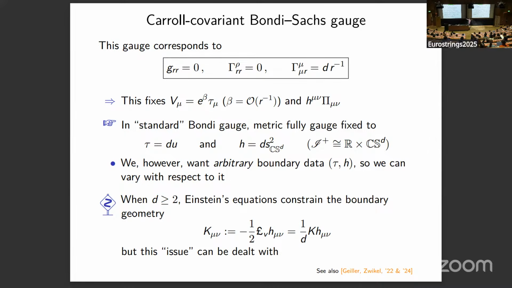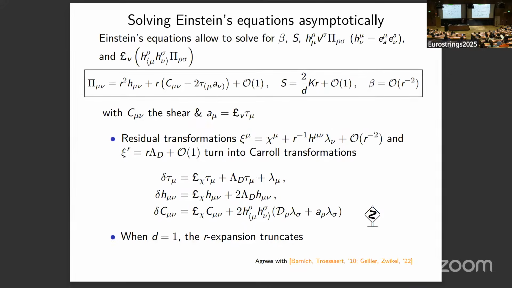It turns out that Einstein's equations force this, related to something called the intrinsic torsion, but this funny extrinsic curvature-looking thing, K mu nu, which is the Lie derivative along the Carrollian vector field of the ruler, is constrained to be pure trace. So this is a constraint only when D is greater than 2. So in particular, it is a constraint for 4 bulk space-time dimensions. But we will see how to deal with that later.